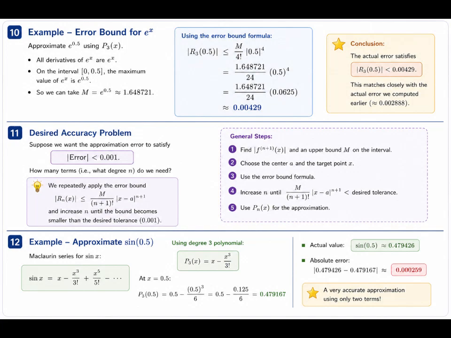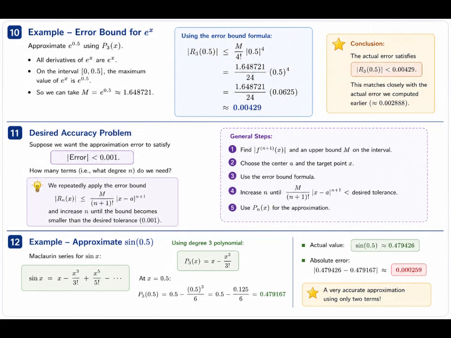Comparing this to the true calculator value, we find an absolute error of just 0.00026. This is incredibly precise, especially considering we used only 2 non-zero terms. These examples demonstrate the remarkable power of Taylor polynomials.